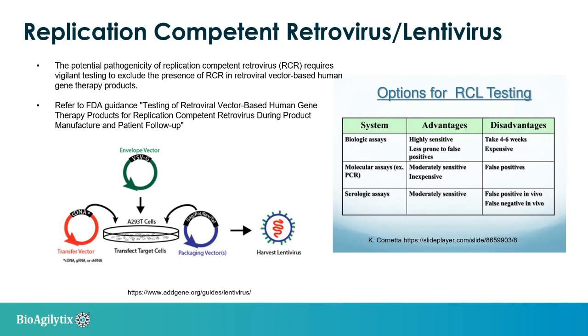There are different options for RCR, RCL testing. The most commonly used methods are the biological assay and the molecular assay. The biological assay directly tests the infection and the replication of RCR and RCL.